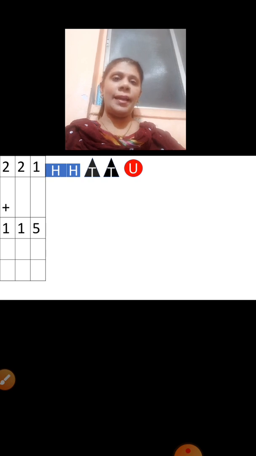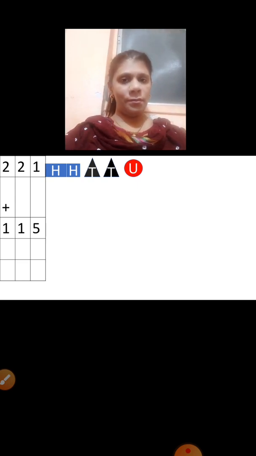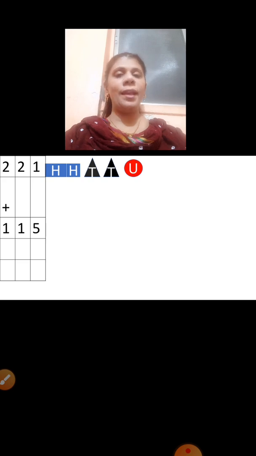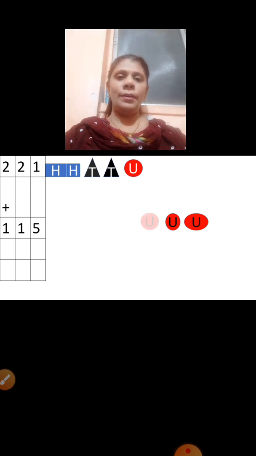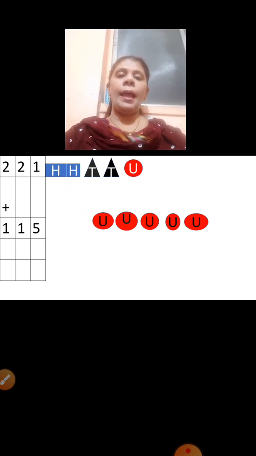21. So 221. Okay. Now below that, which number is in units place? Yes, 5. Okay. So how many units we are going to draw? 1, 2, 3, 4 and here comes the 5. Okay. And how many tens?